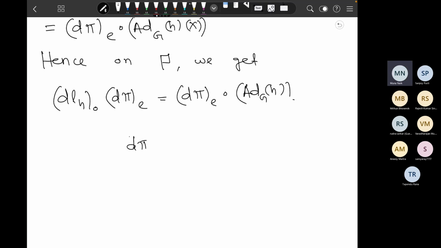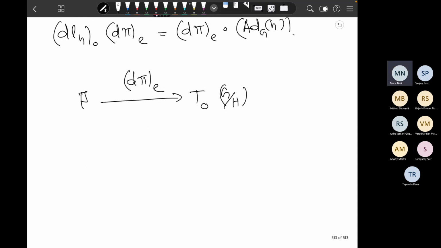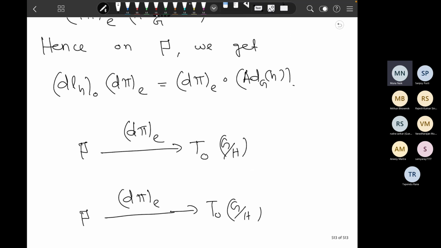This d pi e is a mapping from p to T naught G mod H, and there is a map from here to here, dL_h at o, and this is really Ad_h. So this diagram is commutative.